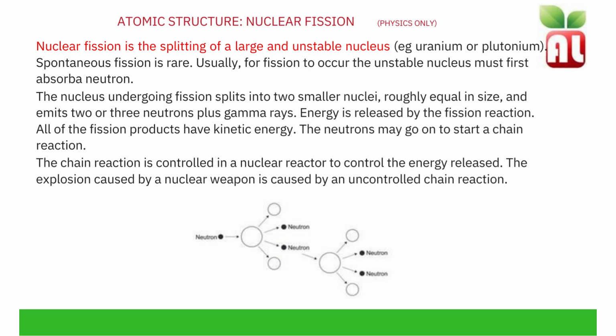The neutrons may go on to start a chain reaction. The chain reaction is controlled in a nuclear reactor to control the energy released. The explosion caused by a nuclear weapon is caused by an uncontrolled chain reaction. In a nuclear reactor, there are control rods.